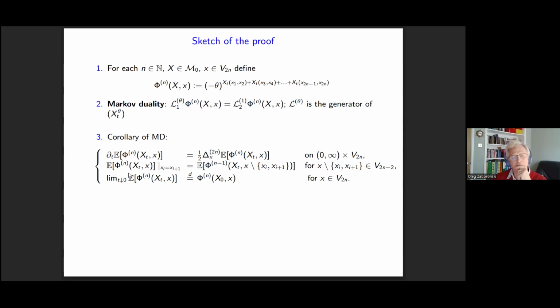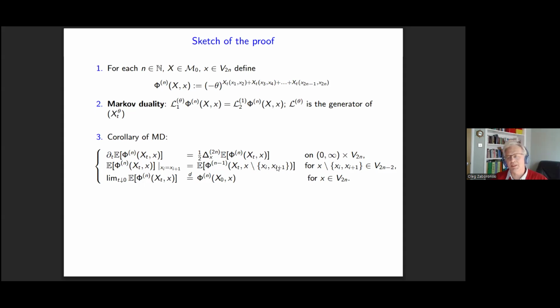And then if I try merging 2 points, for instance x3 and x4, then almost surely X_t of an empty set is 0, and I will end up with the expectation of the same duality function, except that I have to throw away the colliding coordinates.